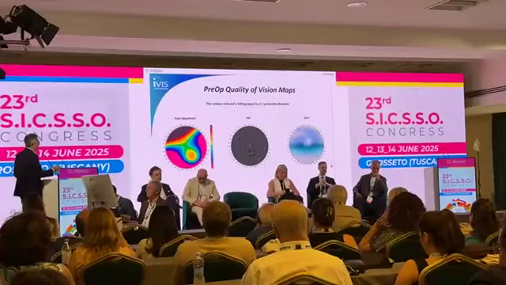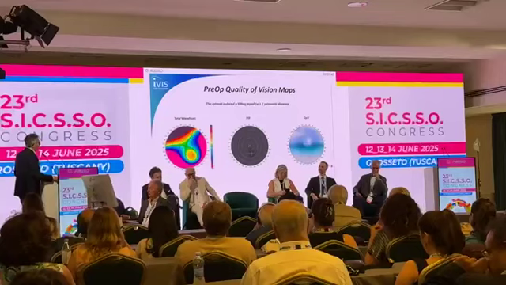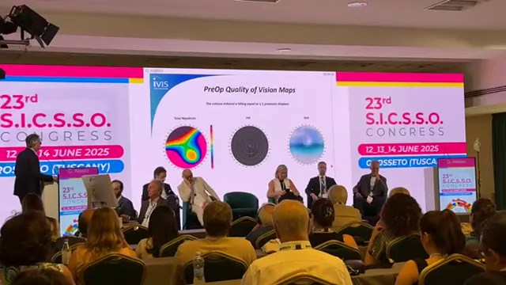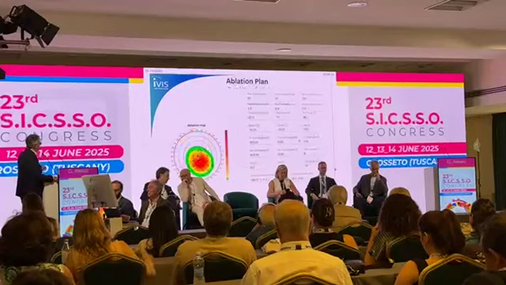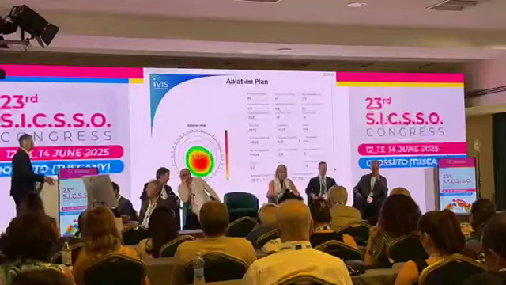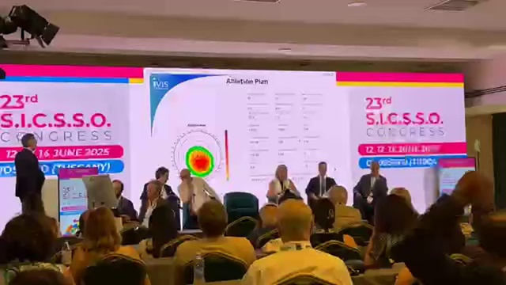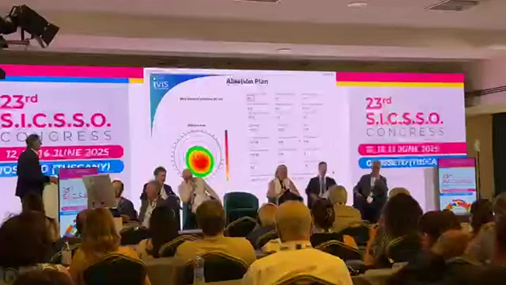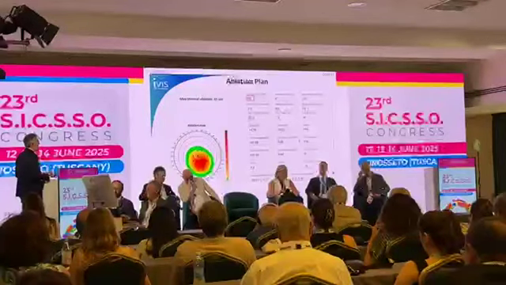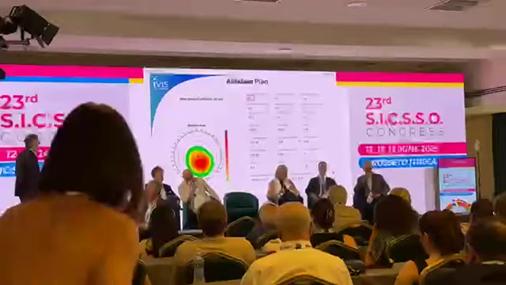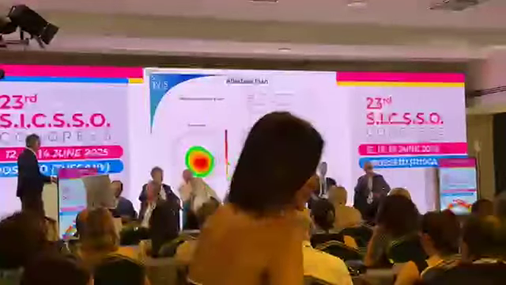At your right, you can see the distortion of the vision and the very bad quality of vision of this patient. This is the ablation map. The central point is the most important thing to understand, because we have 85 microns of ablation to regularize, generally speaking, the corneal surface.